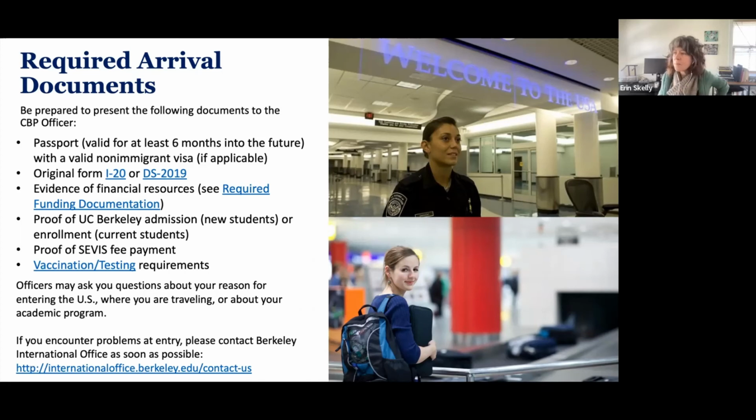Next: I'm an incoming transfer student and I'm on an expired visa from my last school. After receiving my UC Berkeley I-20, do you think I need to go back home and get a new visa, or am I okay to stay with a valid UC Berkeley I-20? Great question.